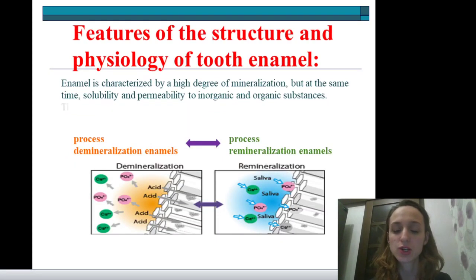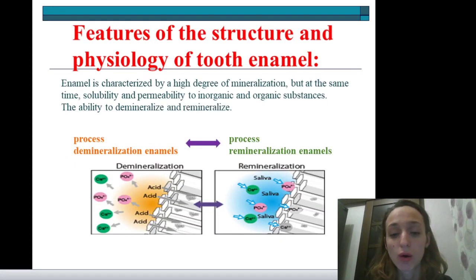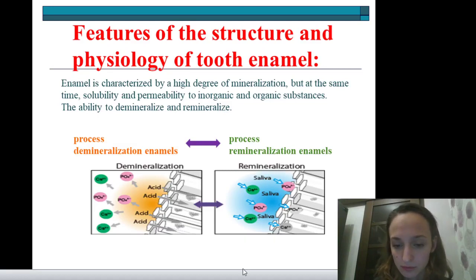Features of the structure and physiology of tooth enamel. Enamel is characterized by a high degree of mineralization, but at the same time solubility and permeability to inorganic and organic substances, and the ability to undergo demineralization and remineralization processes. So you can see the process of demineralization and remineralization of enamel.